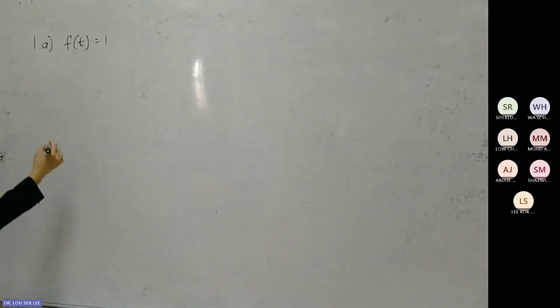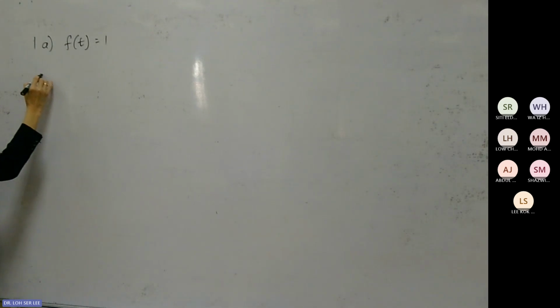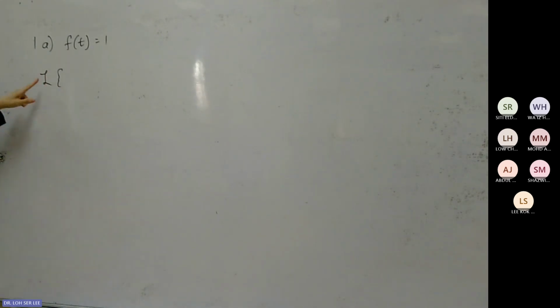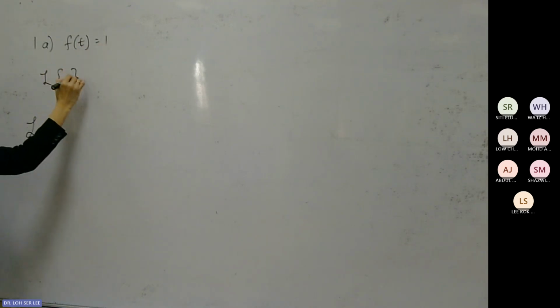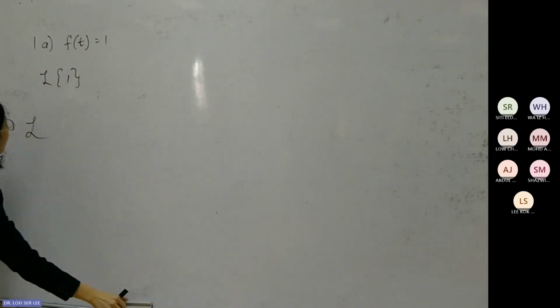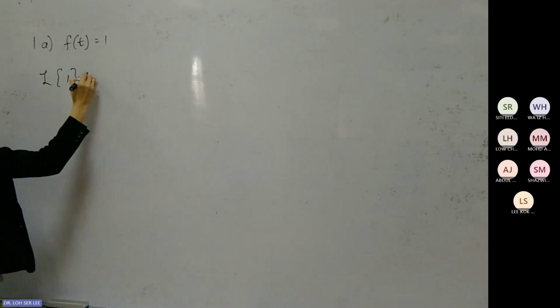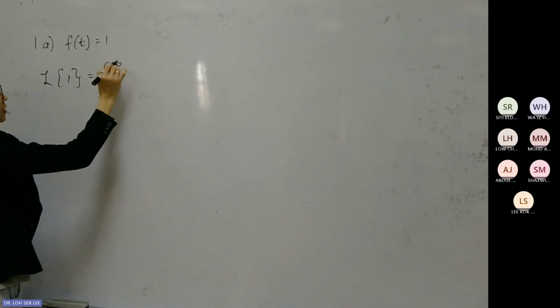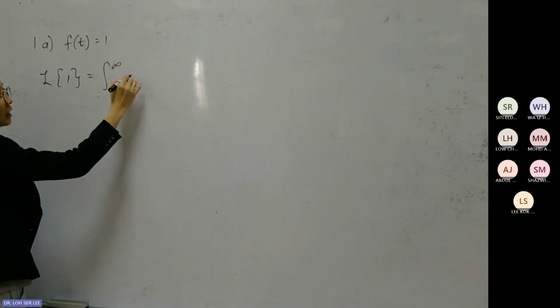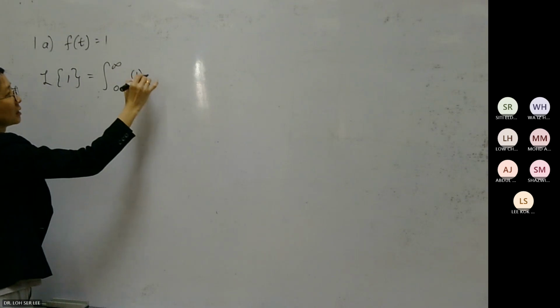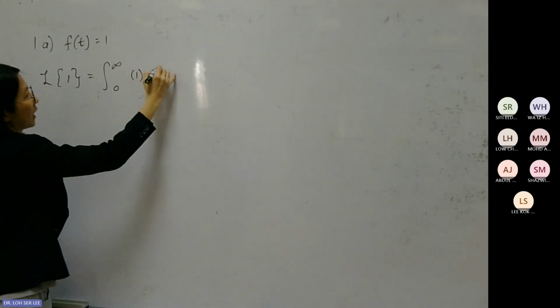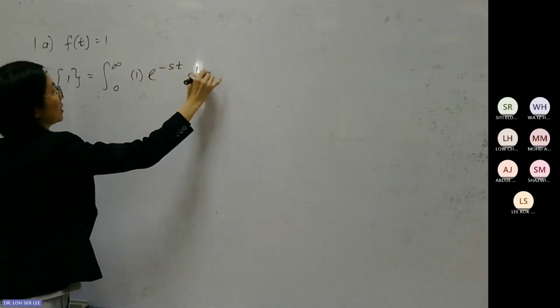By definition means we want to do the Laplace transform. This symbol is for the Laplace. Laplace of 1 equals, by definition, the integral from 0 to infinity of f(t) times e to the negative st dt.